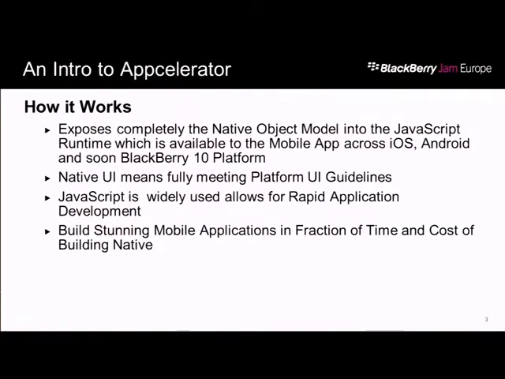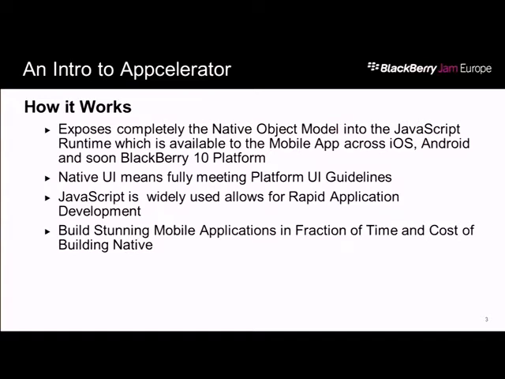So as a brief intro to Appcelerator, the main goal for Appcelerator is basically they take the native object model of multiple platforms, so iOS, Android, and adding support for BlackBerry 10, and abstract that up into a JavaScript runtime, meaning that you can basically develop your application entirely in JavaScript, and then create a native application on all these various platforms.